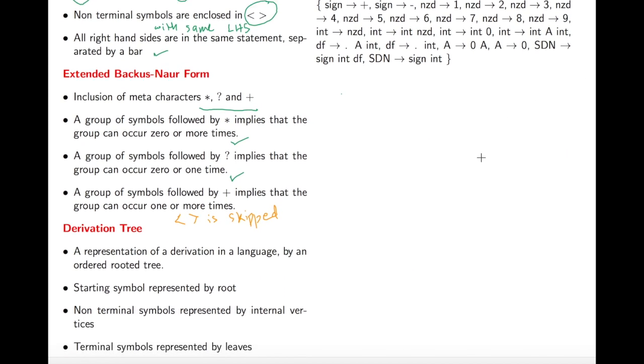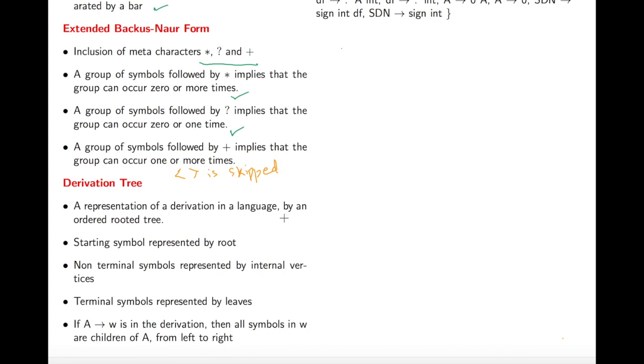Okay. So now the derivation tree. A derivation tree is a representation of a derivation in a language by an ordered rooted tree. So what was a derivation? A derivation is a series of steps using which we can go from one set of symbols to another set of symbols.